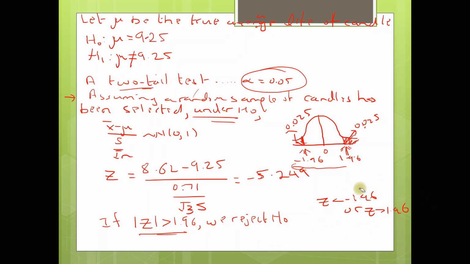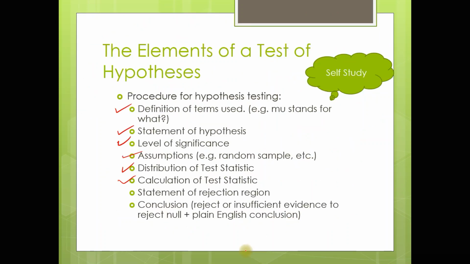Now, we are done with almost everything here, and we have only one step left. So let's get back to here. The statement of rejection region is done. We are left with the conclusion, which is your technical conclusion and your plain English conclusion, which means answering the question.